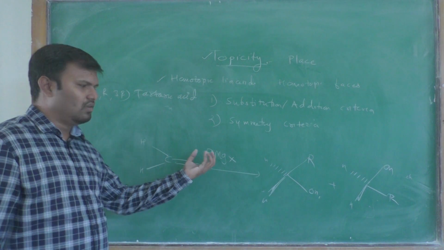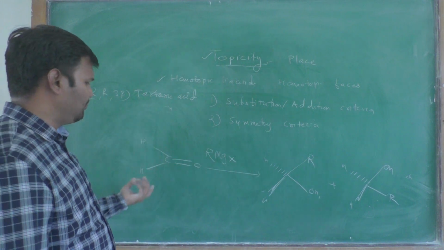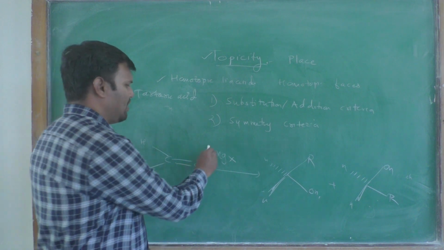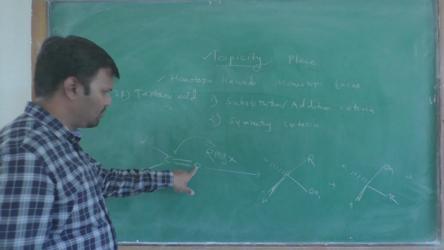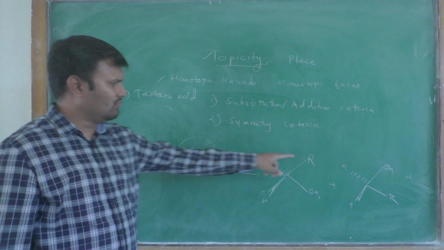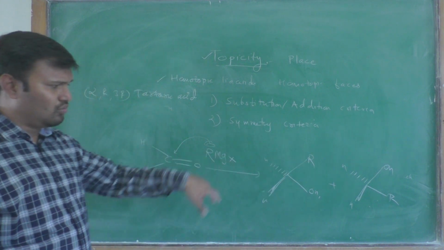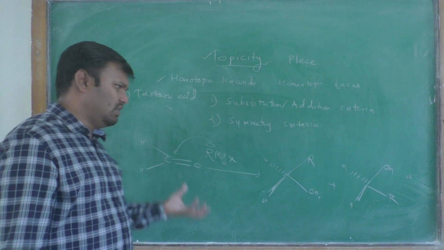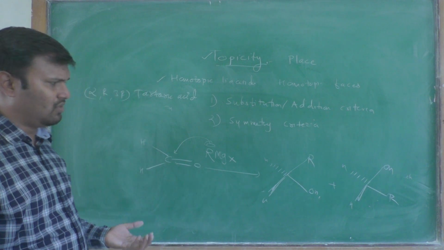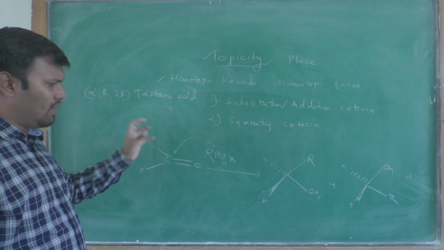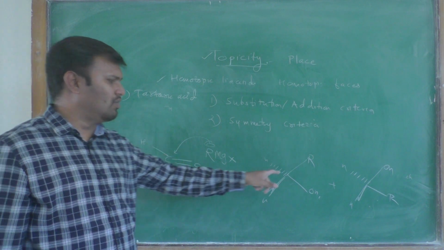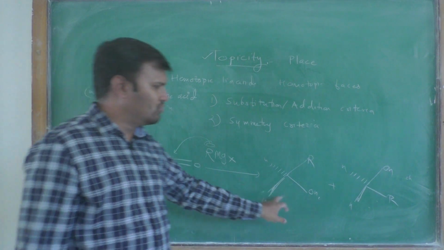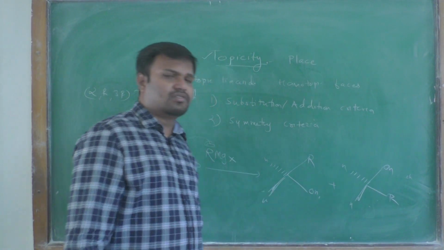OH is produced on either face, and these two chemical species are the same. Therefore, by the addition of these two groups, you will not obtain a stereogenic or chiral center, and these two compounds are the same.